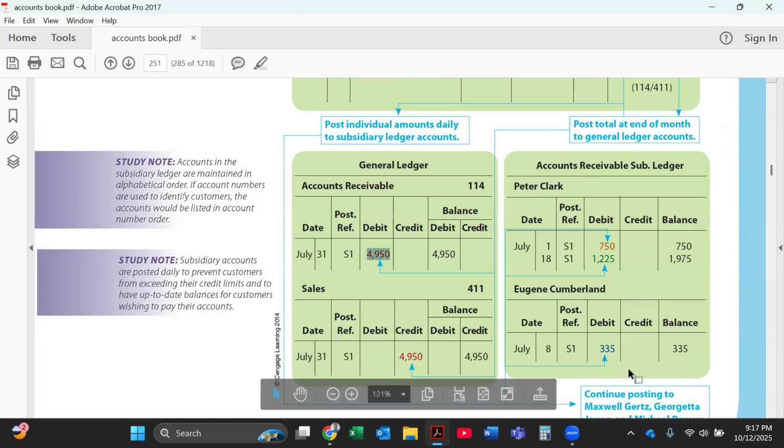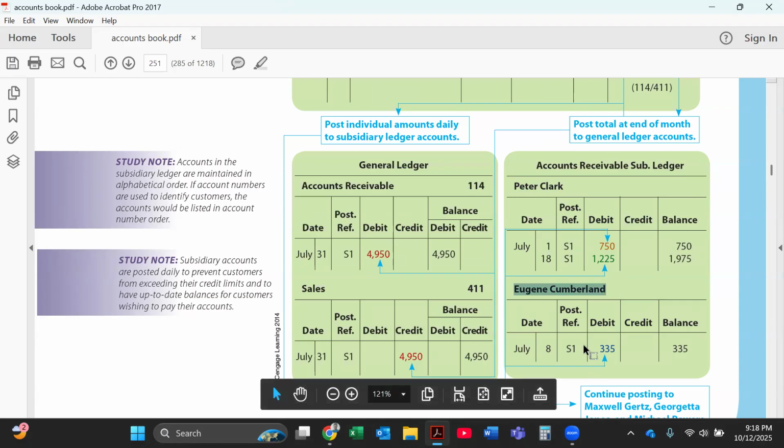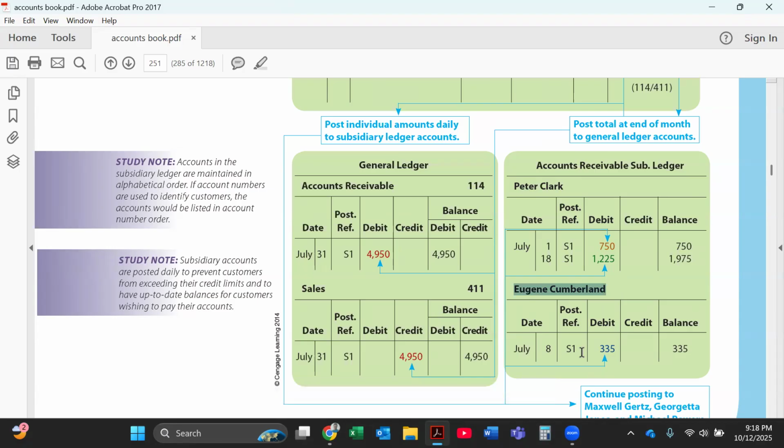So this is an example where they're showing you that as a part of the sub-ledger for accounts receivable, and accounts payable does the same thing, there's one for each customer that allows you to see all of the transactions for that particular customer. Even though we recorded multiple transactions for different customers, different sales, different receipts, and it all said accounts receivable, in computerized systems there's a sub-ledger that's keeping track of everything for each individual customer.